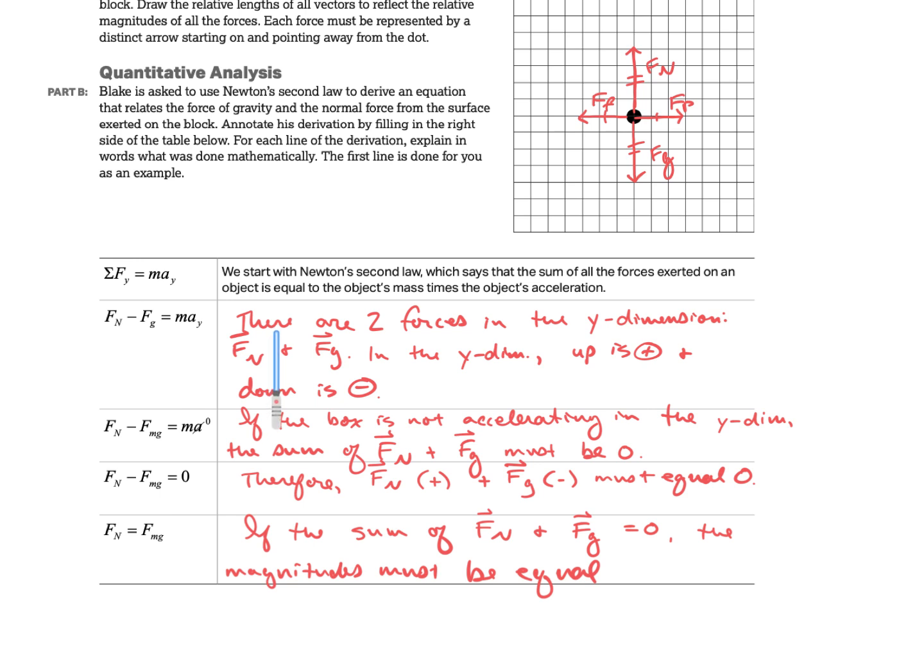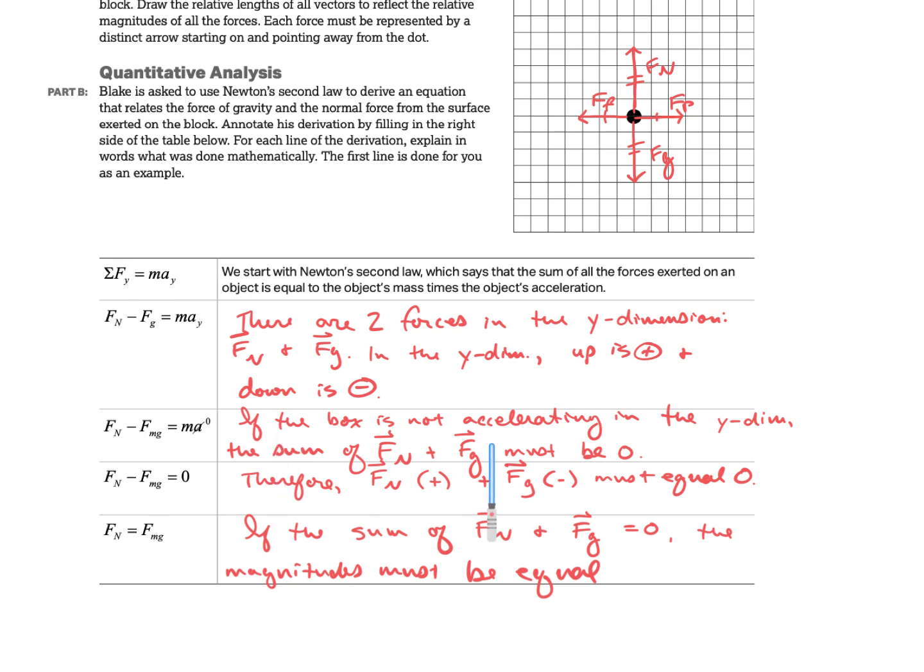So my explanation says that there are 2 forces in the y dimension, normal force and gravity. In the y dimension, up is positive and down is negative. That's why this is a negative sign. We're adding the forces together. It's literally the sum of the forces. It's just that normal force is a positive force and gravity is a negative force. That sign clarifies the direction.